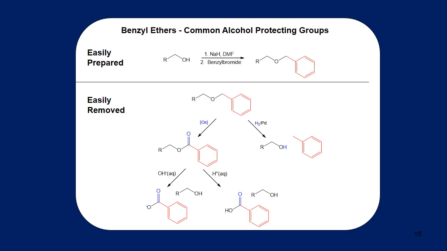After that, they can be easily removed under a number of different conditions, some oxidizing, some reducing, some acidic, some basic. So we can choose the removal conditions which are most appropriate for whatever type of chemistry we've effected elsewhere on the molecule. We obviously don't want to hurt what we've done to the molecule while it was protected. This is why you'll often see benzyl and allyl ethers used in this way.